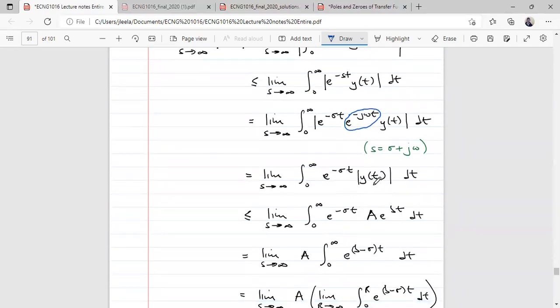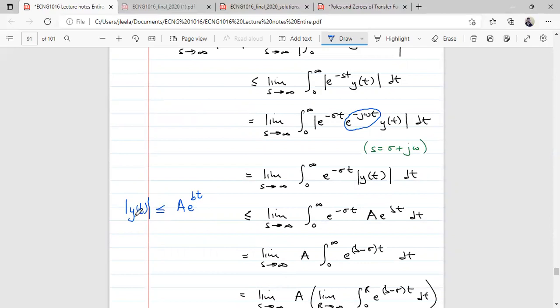And if y(t) is of exponential order, then by definition the absolute value of y(t) is less than or equal to a e to the bt. The exponential order we're talking about is this b here.